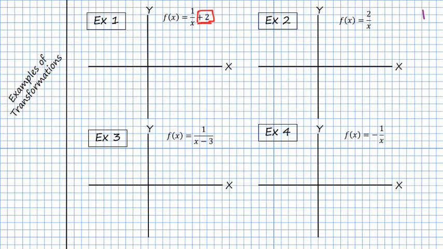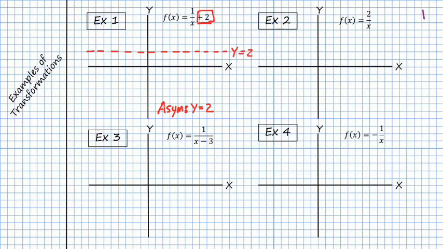So normally we have the line y equals 0 as our asymptote. That's under normal conditions. So if that gets shifted up 2, then what we'll see is that y will be equal to 2. So our new asymptote will be here, and that's the line y equals 2.